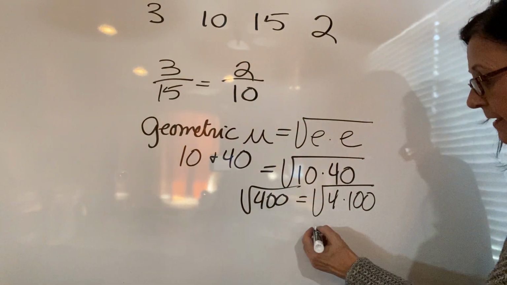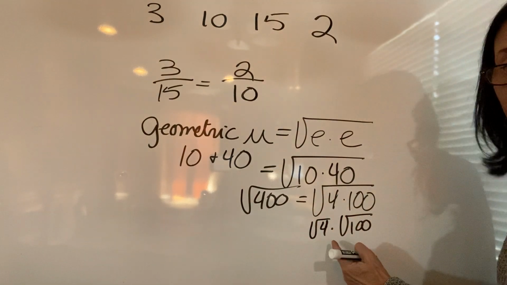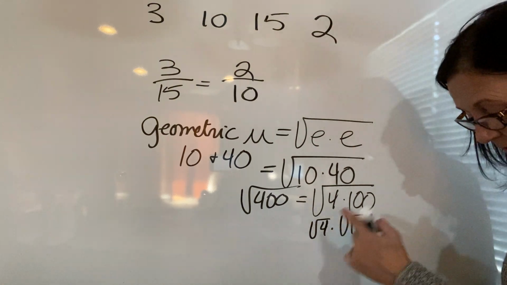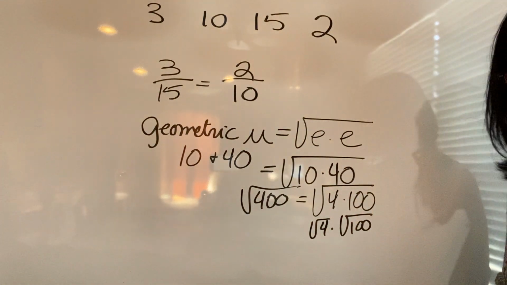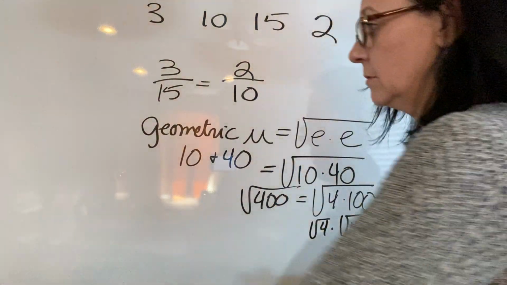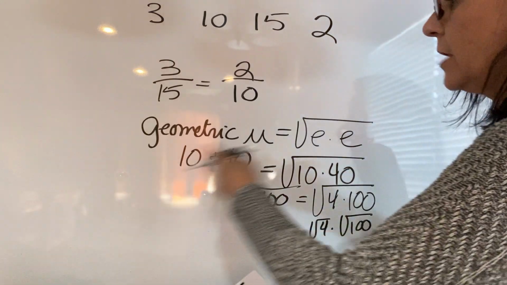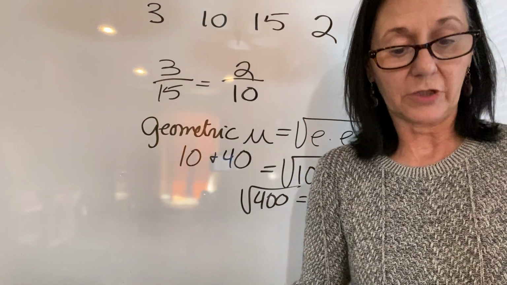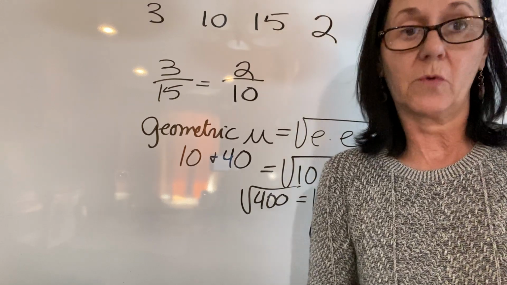Perfect squares. That's the square root of 4 times the square root of 100. So that's 2 times 10. That would be 20. So it is 20. All right, so you can logically think through that. And so I could give you any two numbers and ask you the geometric mean. And it's just the square root of the product of those values.